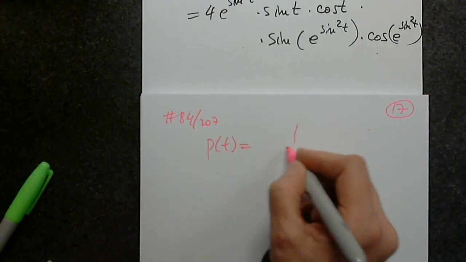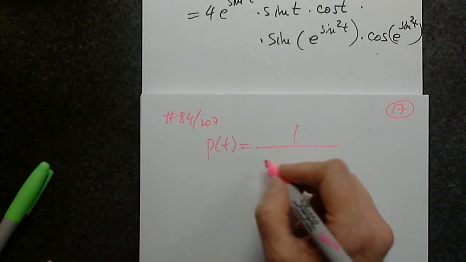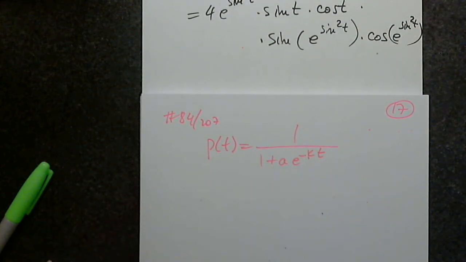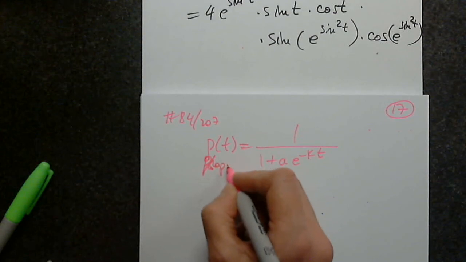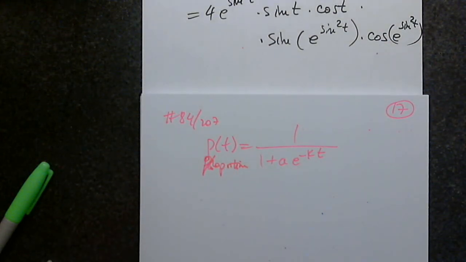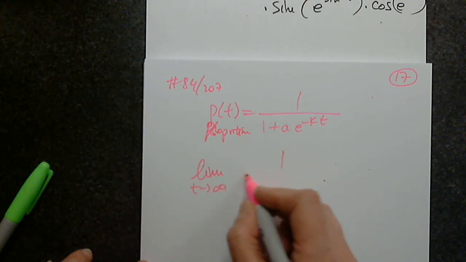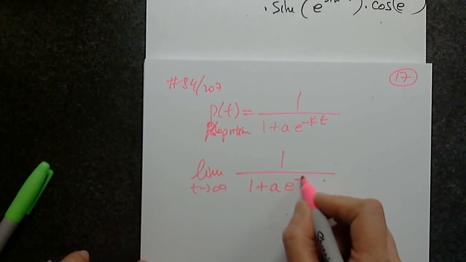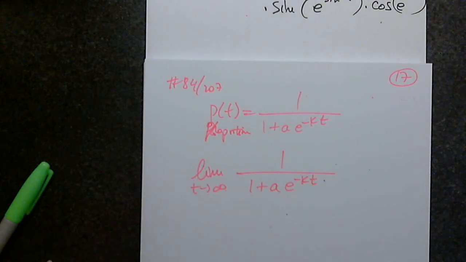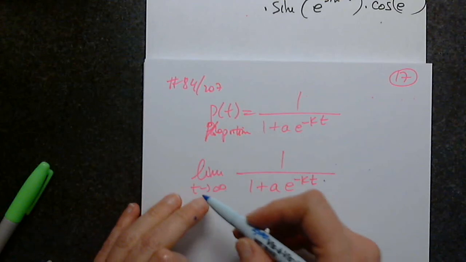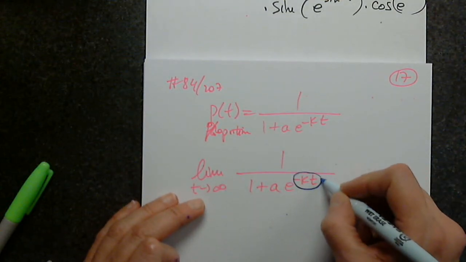And this is p of t, which is 1 over 1 plus a e to negative kt. And the first question, so this is percentage or proportion. Let me write proportion. And t is time. And a and k are positive constants. So they want us to determine the limit as t approaches infinity of 1 over 1 plus a e to negative kt. Let's do this together piece by piece. If t approaches infinity, where is this going?